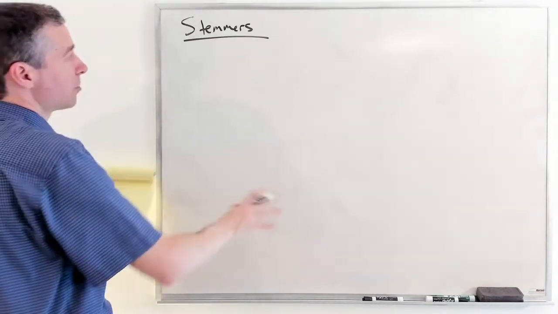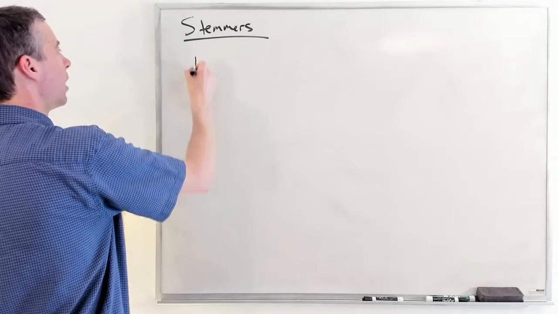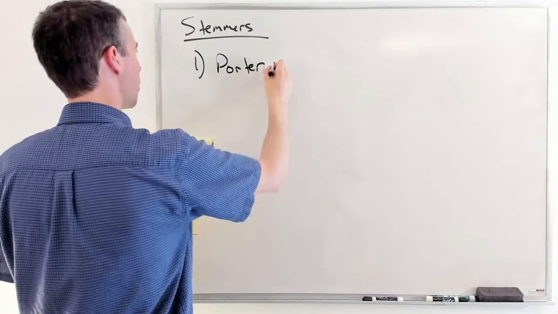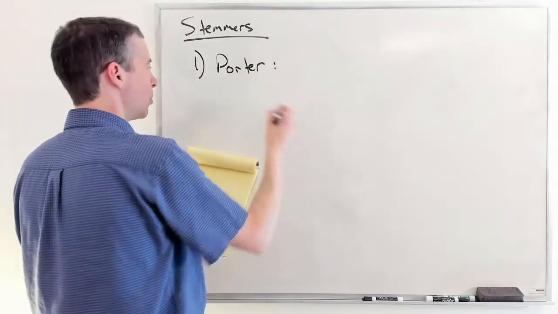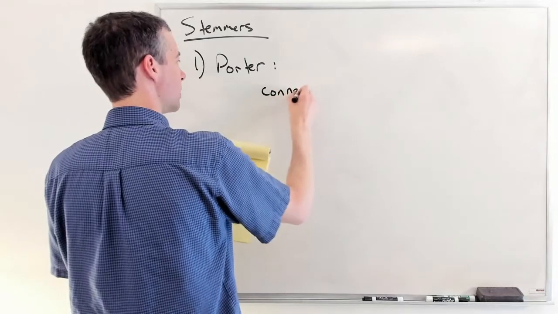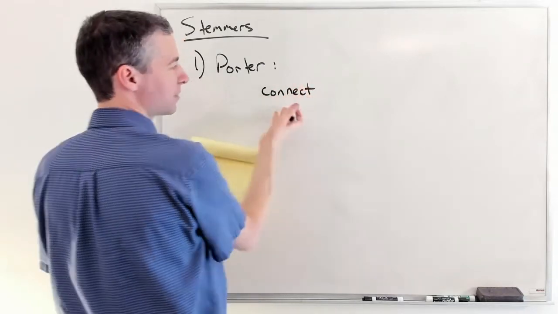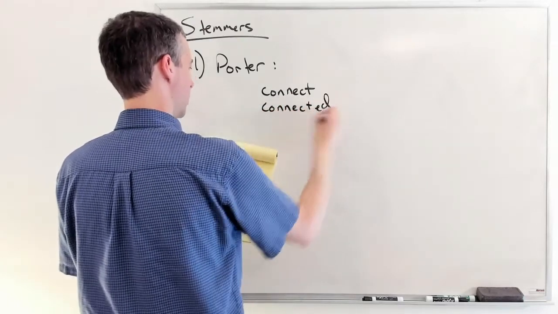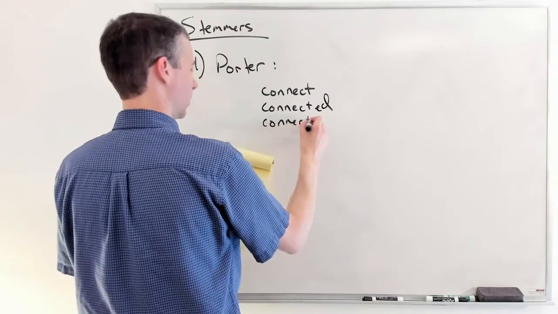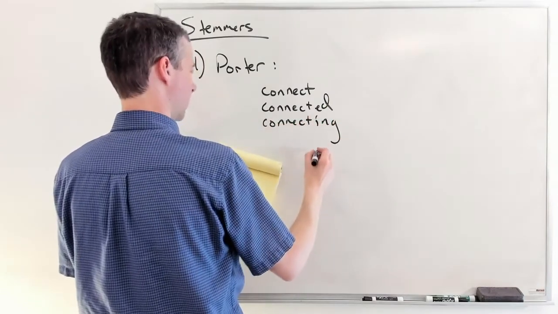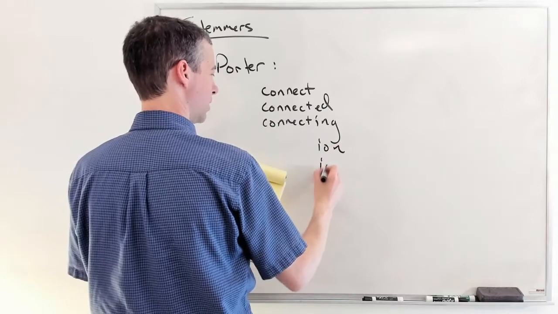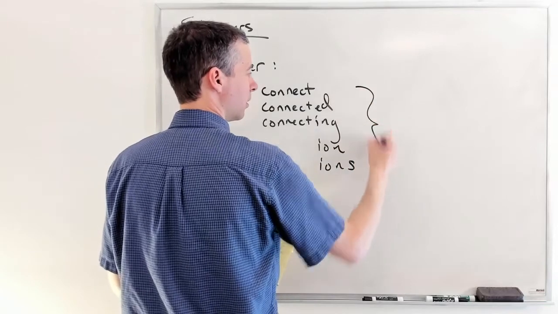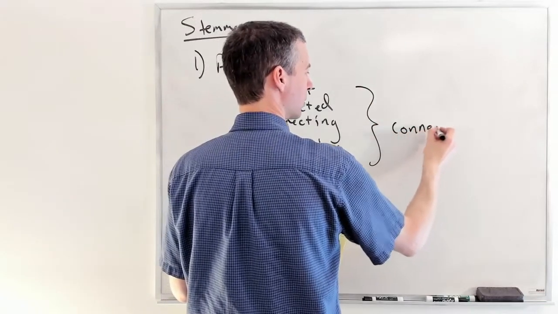Nevertheless, there are two widely known and widely used stemmers, especially in the research community. One is the Porter stemmer, which has been around a long time. Porter gives examples that all have the stem connect: connect, connected, connecting, connection, connections, plural, etc. All of these have as a stem the word connect.